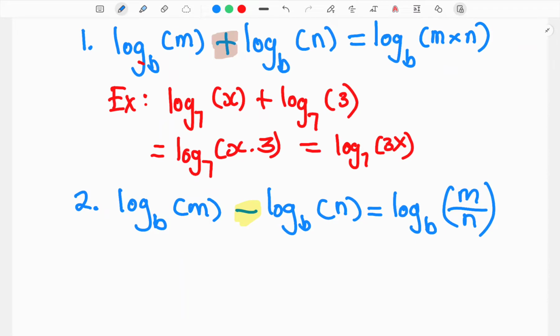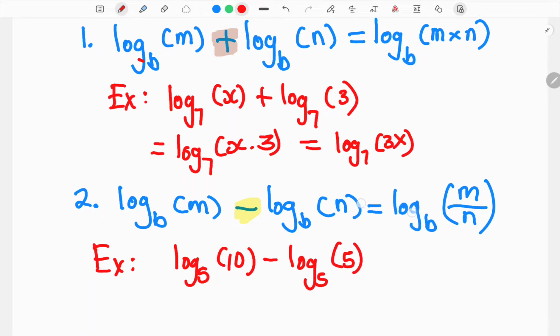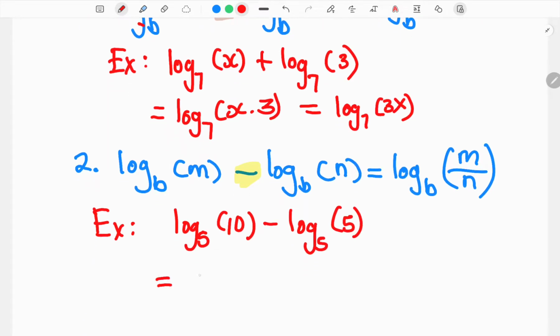A quick example of this: let's say you have log base 5 of 10 minus log base 5 of 5, and you are simplifying. This simplifies because the bases are the same.